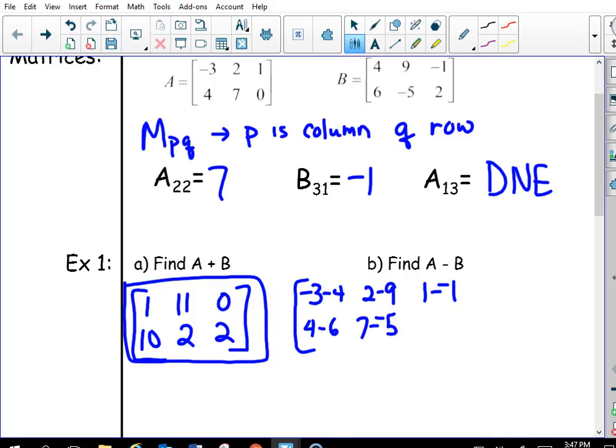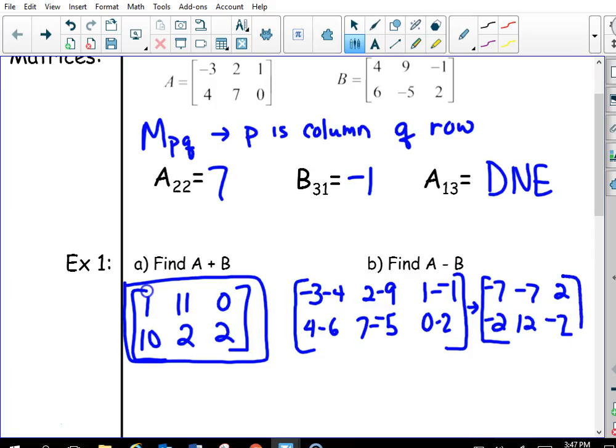And 0 minus 2. Okay, that's going to lead to my answer matrix: -7, -7, +2, -2, +12, and -2. Okay, that's the easy stuff.